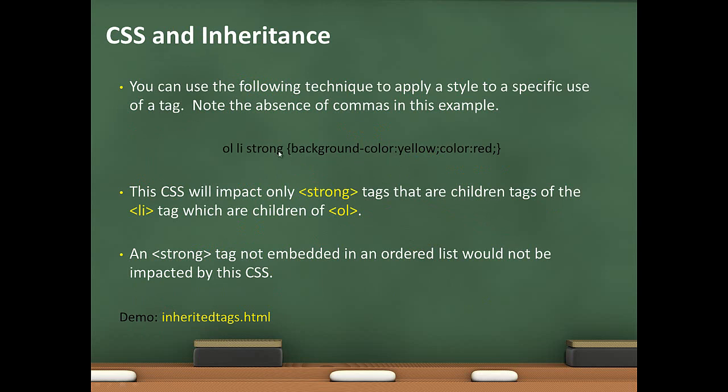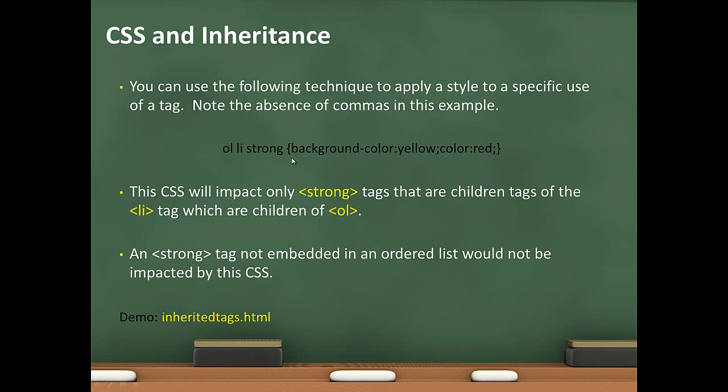So you can use the following example that I have in this slide here to apply styles to a specific tag. In this particular case, notice what I'm doing here is I'm putting an OL, an LI, and a strong tag in here, and I'm saying the background color is going to be yellow and the color is red. Now, the way this reads, this is an interesting statement.